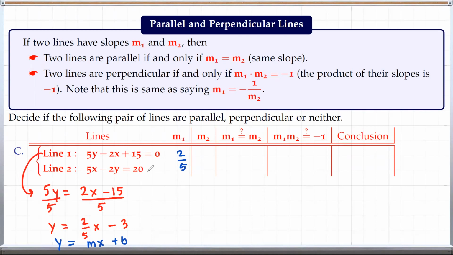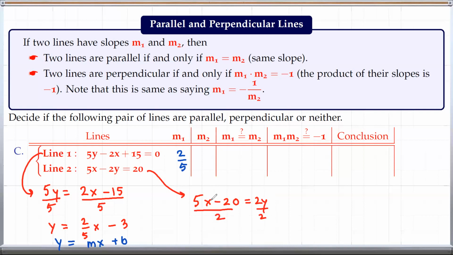Next, let's look at the second line. Let's try to find the slope of the second line. We have 5x minus 2y equals 20. So again, we want to isolate y over here. For that, we can move this 2y to the right and move this 20 to the left. So that will look like 5x minus 20 equals 2y. And then we can divide both sides by 2.